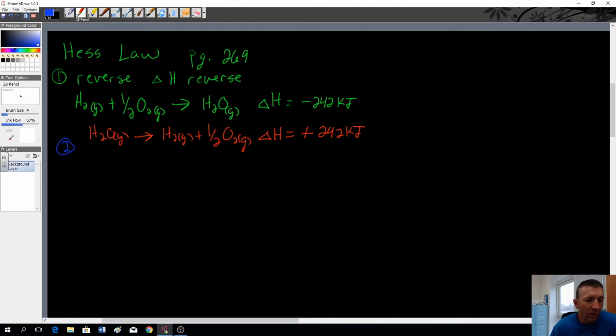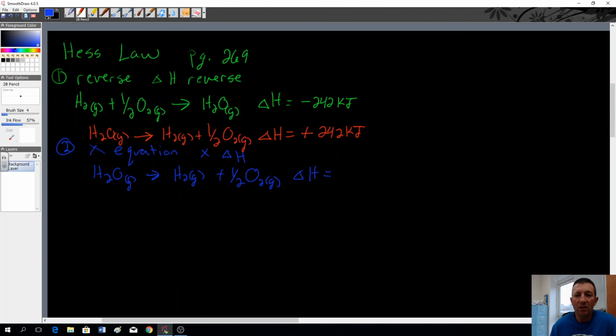Number 2 says whatever you multiply the equation by, you also have to multiply the delta H by. So let's use the equation we just did: H2O gas goes to make H2 gas plus 1/2 O2 gas, and the delta H equals a positive 242 kilojoules.